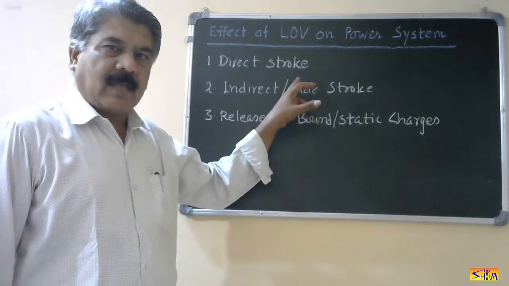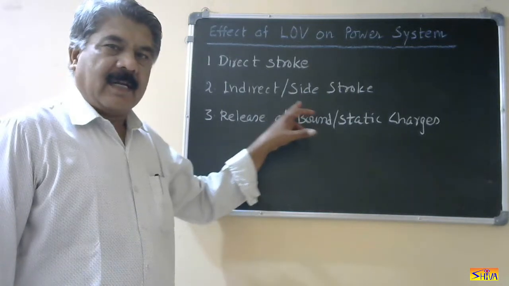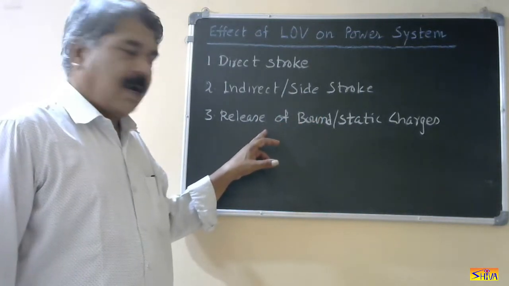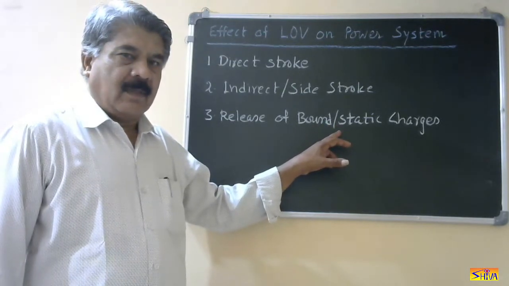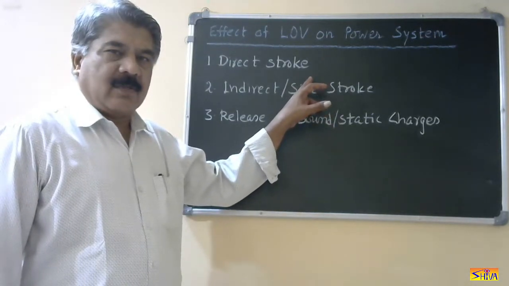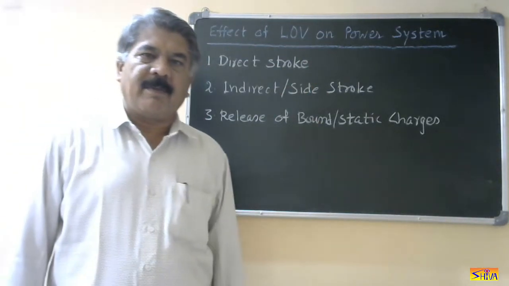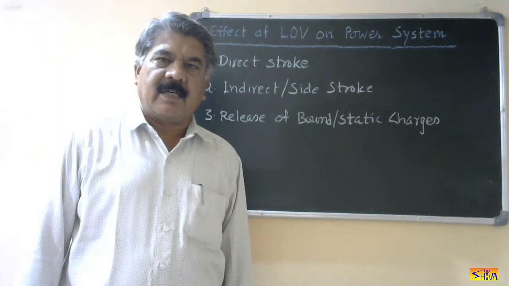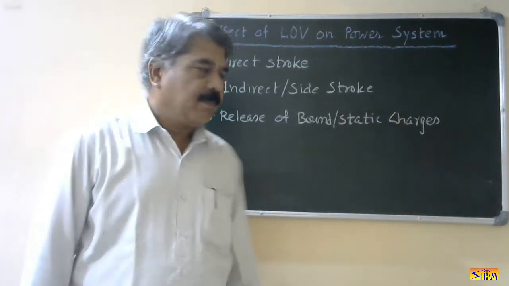This can be of type A or type B, then indirect or side stroke, and then release of bound or static charges. In case of direct lightning stroke, the lightning is on the power system equipment or the transmission line conductor or the ground conductor or the transmission line tower.